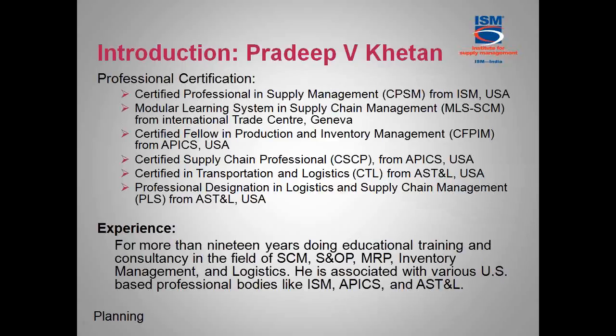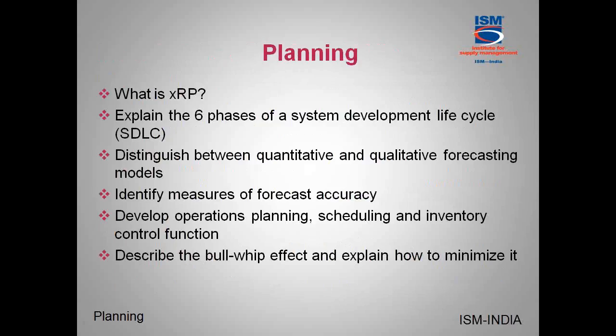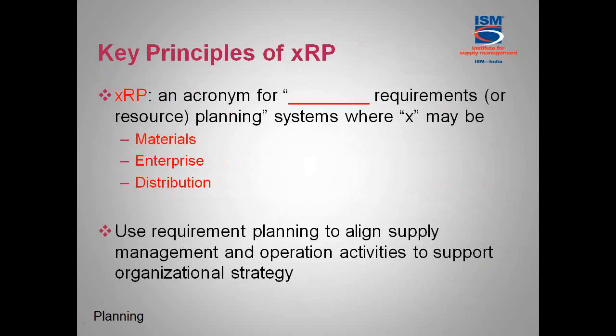So the first question is, what is XRP? Generally, we are talking about XRP as an acronym for requirements planning or resource planning. Let's take an example: when we talk about MRP, it is material requirement planning, and MRP2 is manufacturing resource planning.